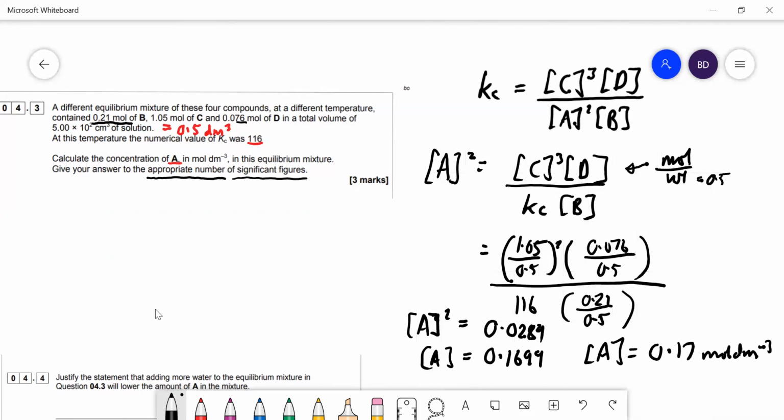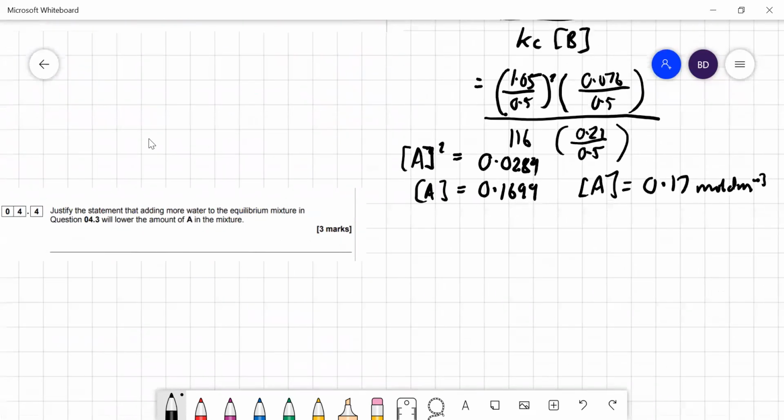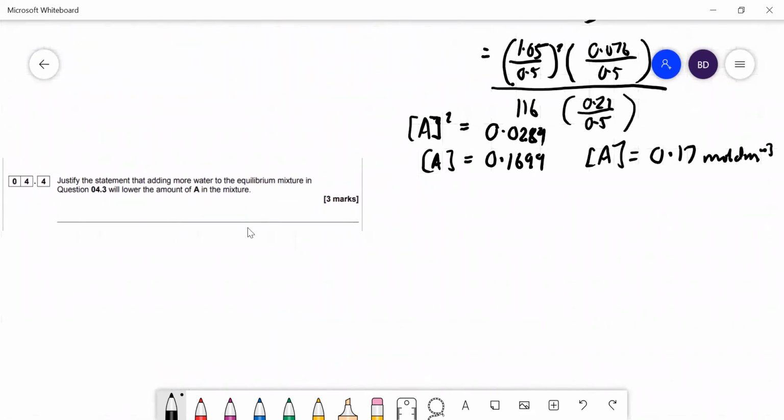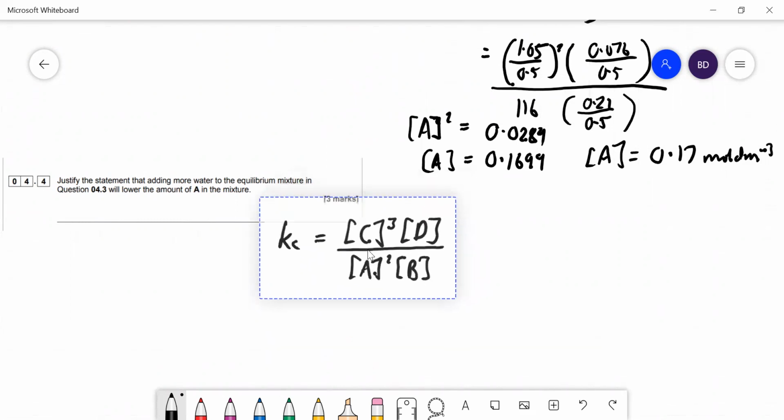Right. Now, this question here: justify the statement that adding more water to the equilibrium will lower the amount of A in the mixture. Right. Now, the way I'm going to do that is I'm going to paste in that equation again. There is our equation for Kc.